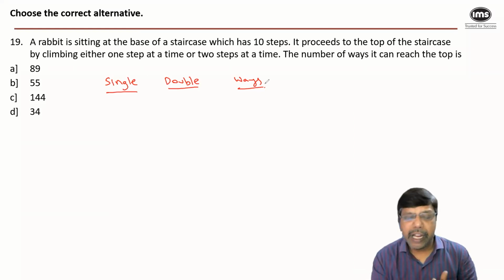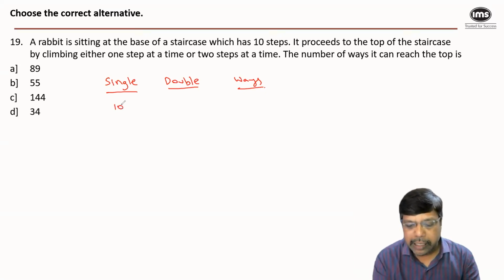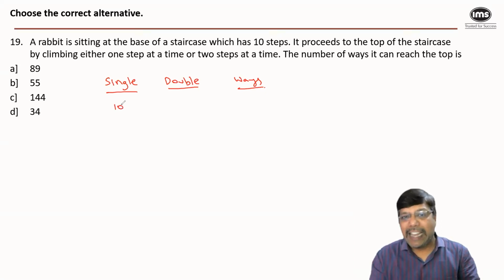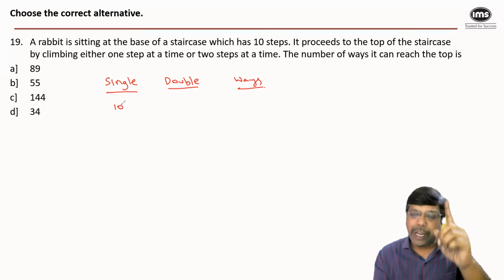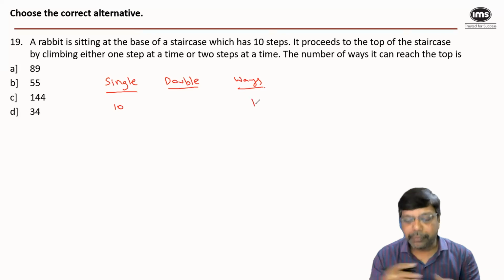Now, suppose I want to move only in single steps, so all 10 steps I take at the rate of 1 step at a time. So I can do that only in one way.